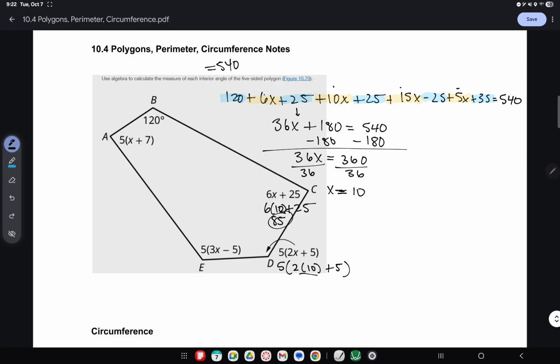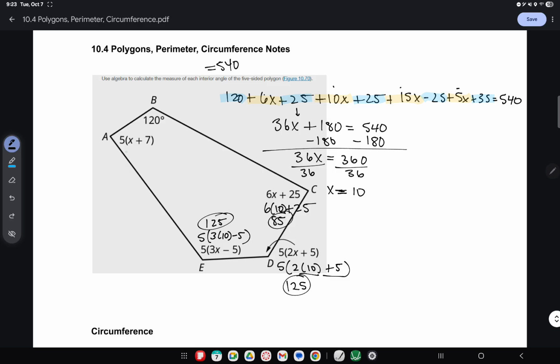So 2 times 10 is 20, plus 5 is 25. 25 times 5 is 125. And I have 5 times 3 times 10 minus 5. 3 times 10 is 30. 30 minus 5 is 25. And 25 times 5 is 125.